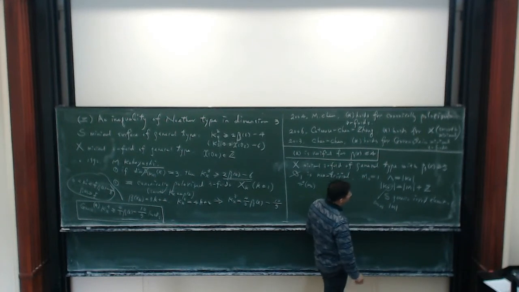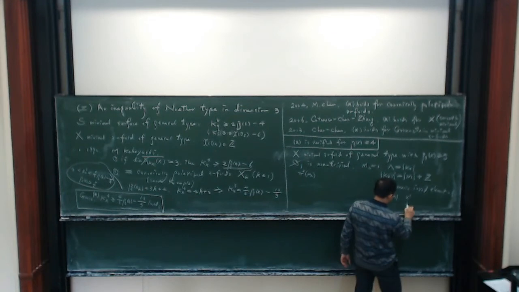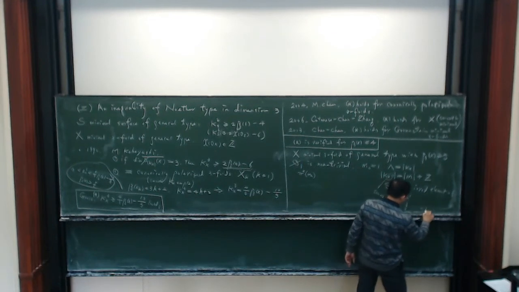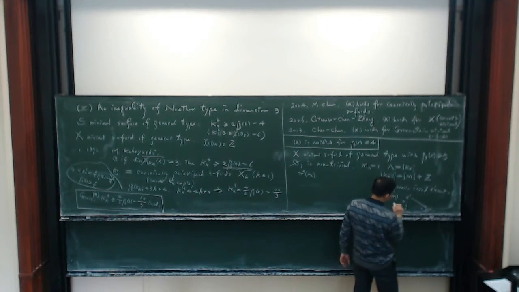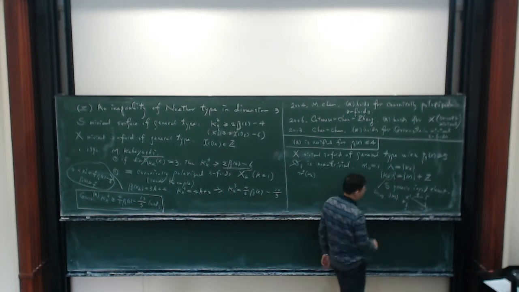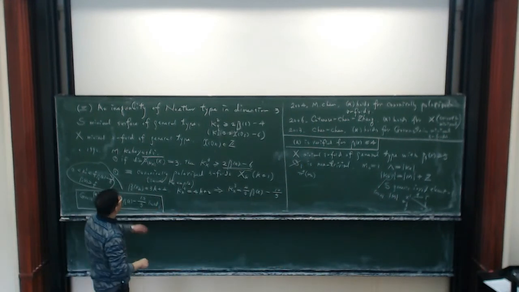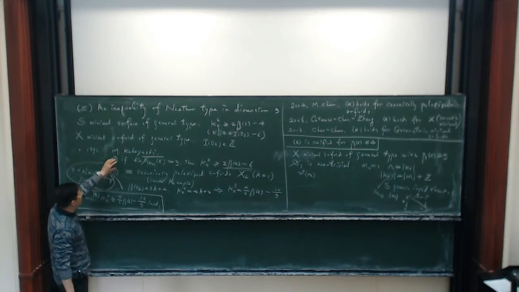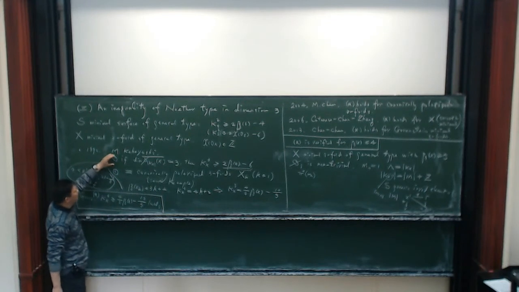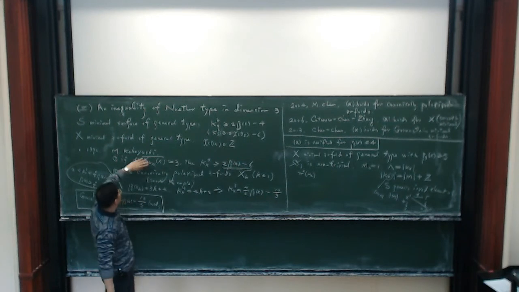Okay, I always have this diagram X prime to X, then I take the Stein factorization. I have the induced fibration F from X prime onto gamma. It's not difficult to verify this, because this is already proved by Kobayashi.